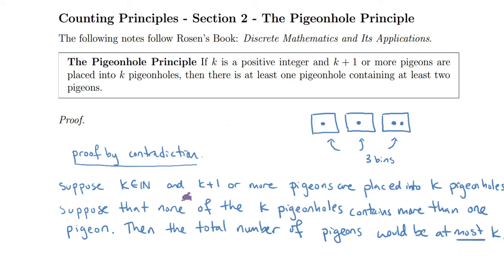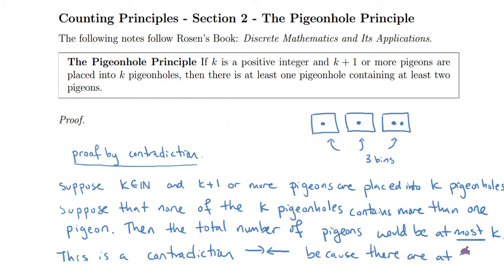However, the original assumption was that there were k plus 1 or more pigeons placed into these k pigeonholes. So that's the contradiction right there. This is a contradiction, because there are at least k plus 1 pigeons, right?